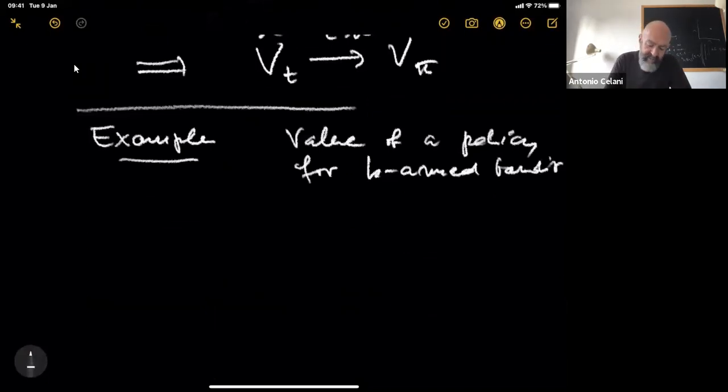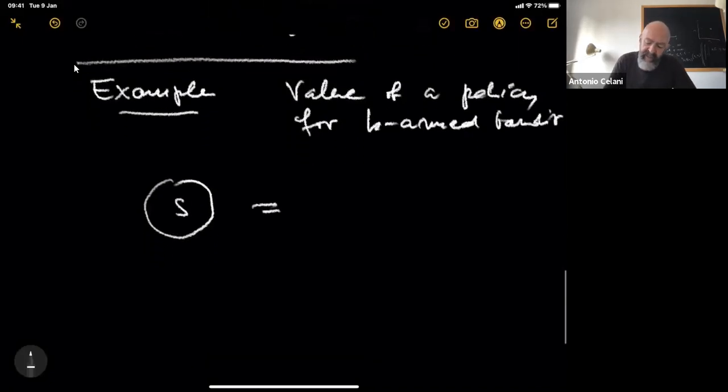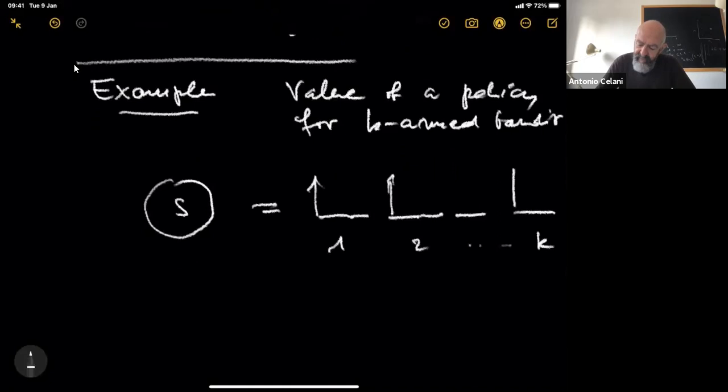Okay, so there is just one state, a single state. What is this state for a K-armed bandit? Well, a state for a K-armed bandit means that we have K arms to choose from. Okay, so this is 1, 2, K.